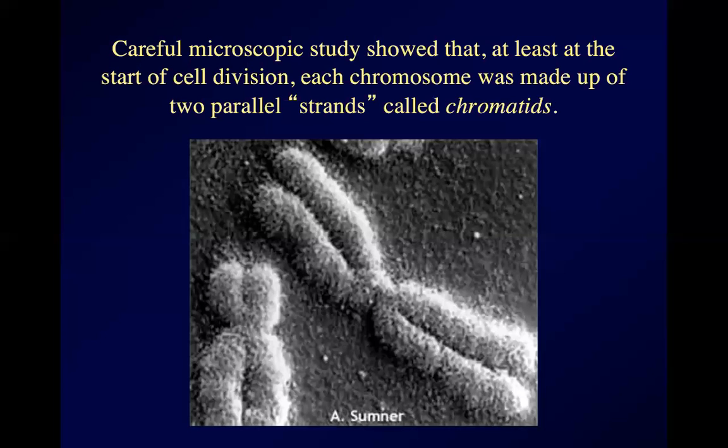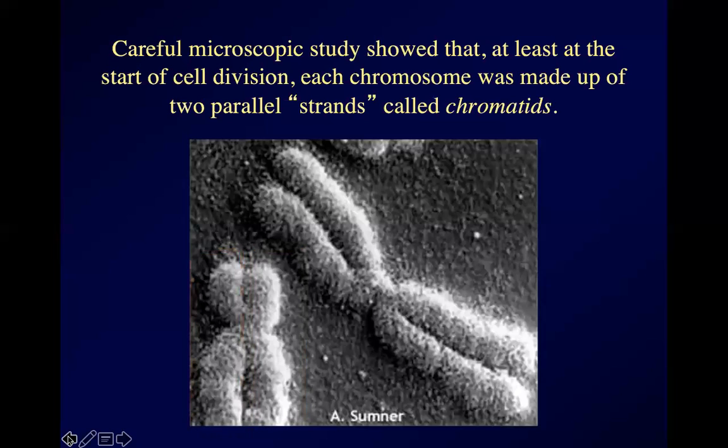So what you're looking at is a picture taken with a scanning electron microscope. This can do things that the light microscope can't, but you can see much the same thing under light microscopy anyway. That's one of the chromosomes at the beginning of division, and it's composed of two chromatids.